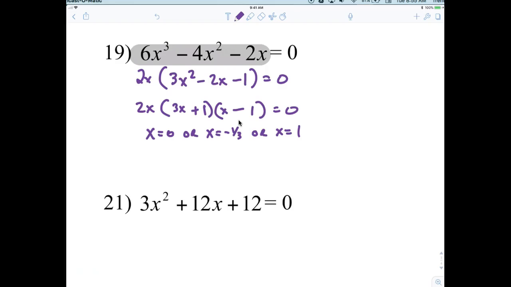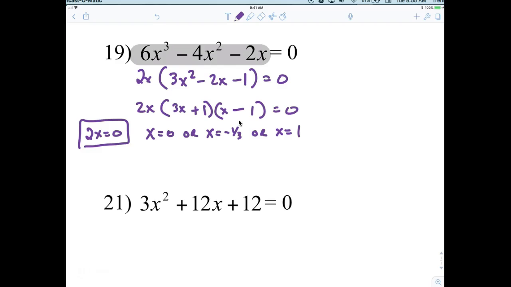How do you get x equals 0? Well, if I set 2x equal to 0, what is x? 2 times what is 0? 0. There you go. It is 2x equals 0, so solve that equation.